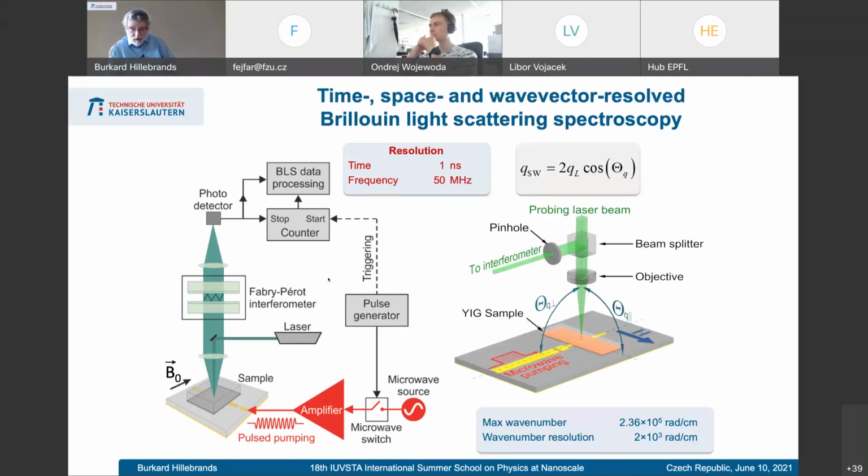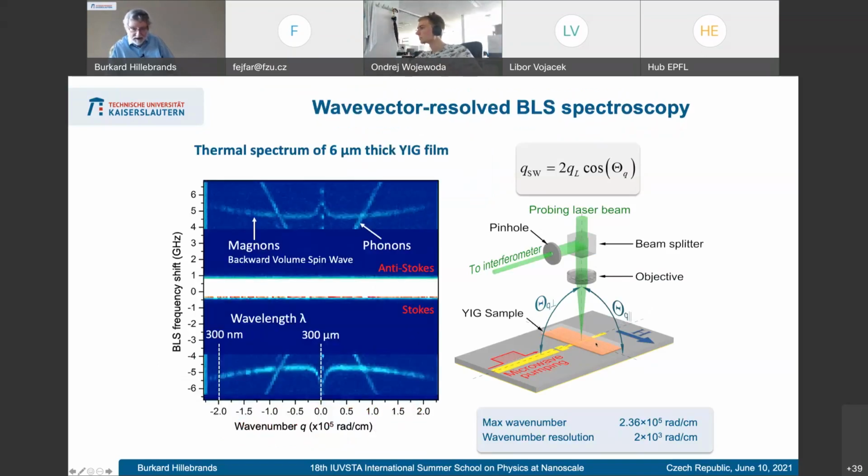We can even do more. We can change the angle of incidence, and then we get wave vector information, because conserved in the scattering process is just the in-plane component of the wave vector. And we get pictures like this. Here you see the Brillouin light scattering frequency measured as a function of the wave number.